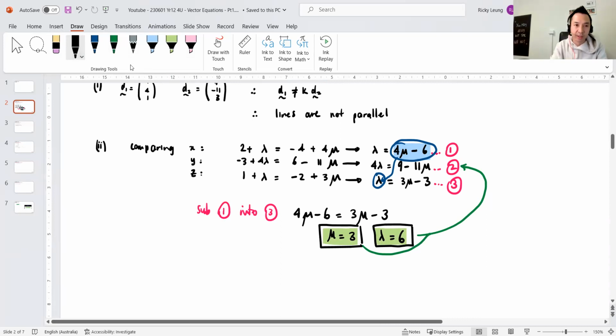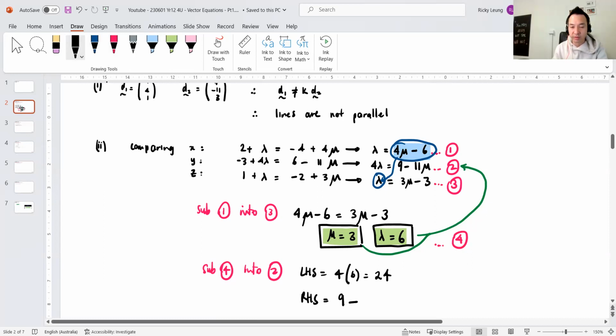So sub both of these into 2. And you go, left-hand side is 4 times lambda, which is 4 times 6, 24. And the right-hand side is 9 minus 11 times mu.